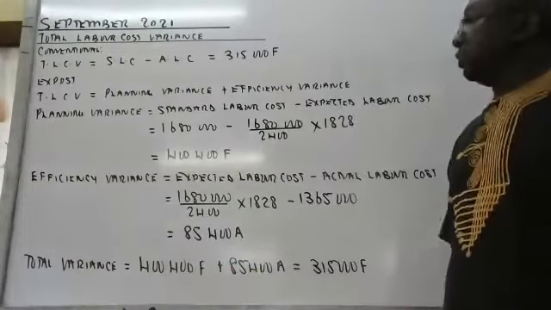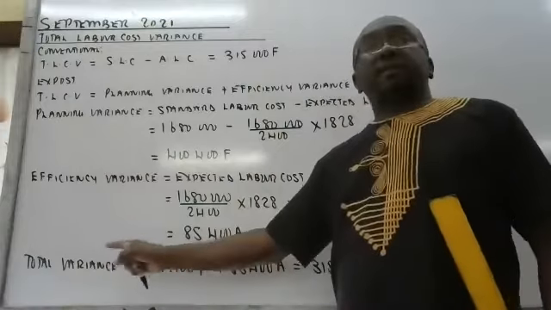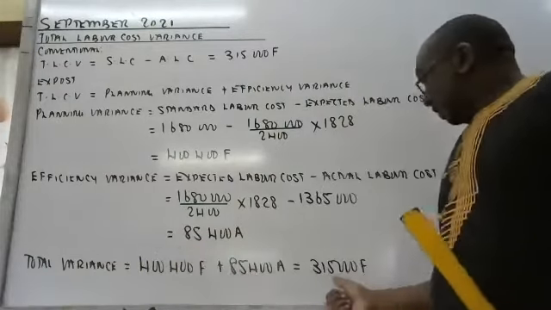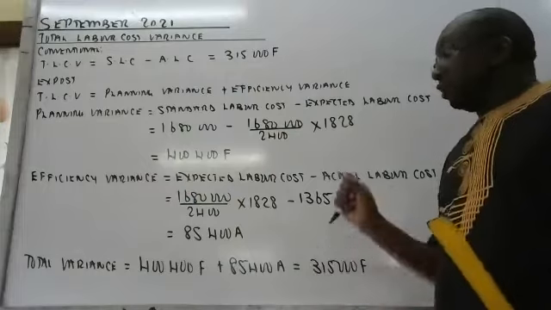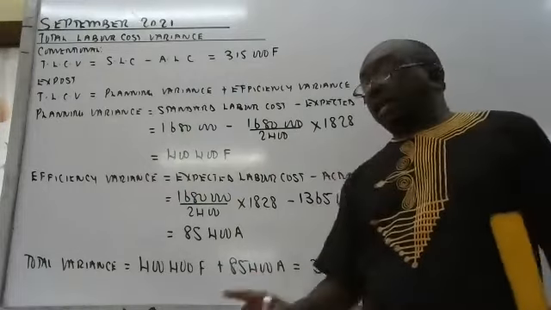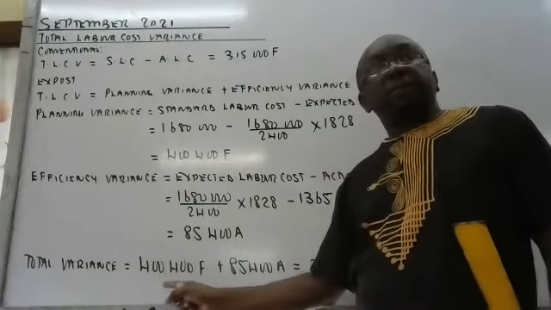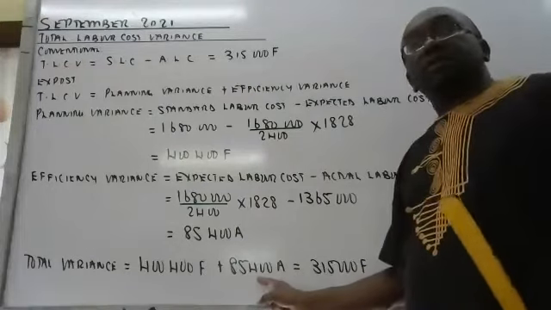So this is what I told you. Instead of punishing everyone, or rather the person based on the total variance, the 315, which is favorable, you need to break it down into two components. One is planning, and we said planning is beyond control. Efficiency is within control.